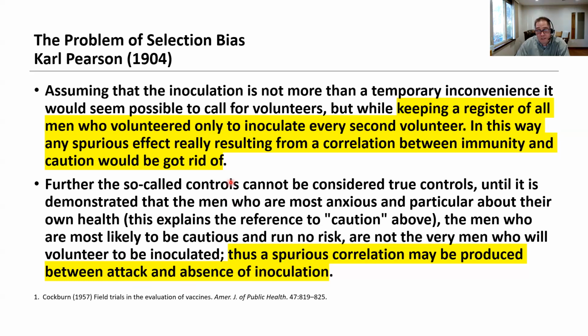In theory, the patient shouldn't know whether they are an even number or an odd number in the line. This is the problem with Karl Pearson's original thought, but this is where the idea comes from.